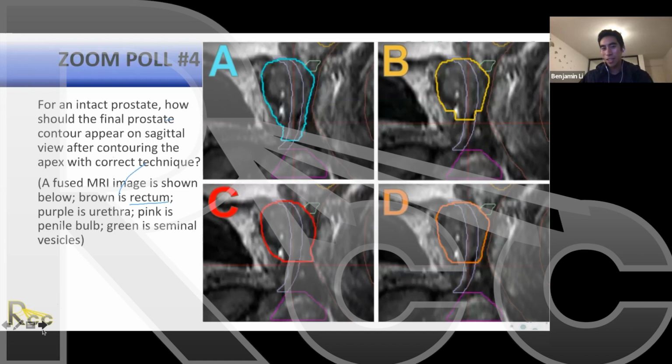We didn't reveal the answer the first time, but we'll see what people's opinions are. So is it A, B, C, or D? And this is an MRI image, the sagittal view. Okay, this one takes a little bit more time to think, so think about it and then try to put in your answer.